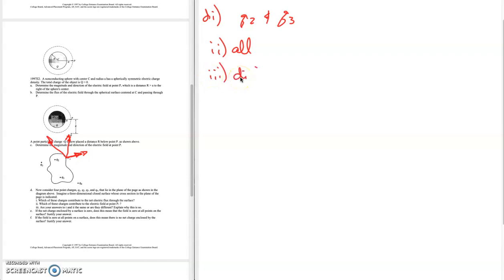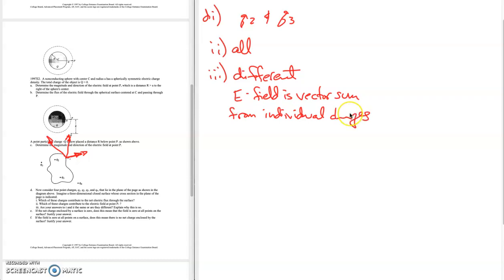And for 3, we would say our answers are different, because the electric field is the vector sum from individual charges, but the flux is a sum over a whole surface.